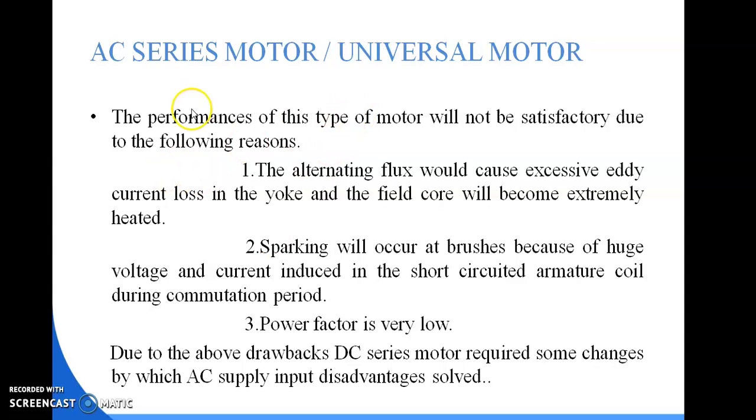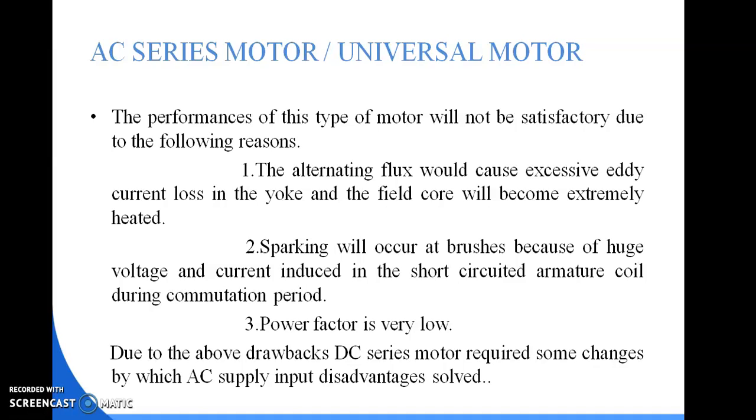The performance of this type of motor will not be satisfactory due to the following reasons. Firstly, the alternating flux would cause excessive eddy current loss in the yoke and the field core will become extremely heated.